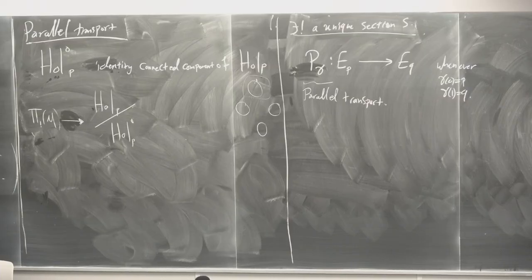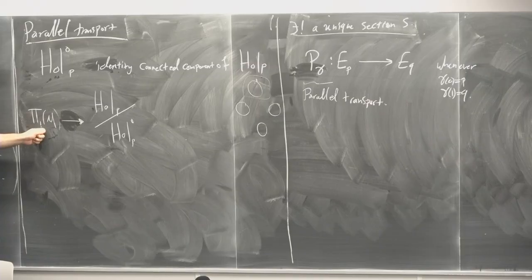But even if it's connected, there are paths that can't be shrunk into each other because of the fundamental group. Oh, because of the holes. Yeah. And that actually leads to different components of Hol P, because there are no smooth paths between those paths. So that's another reason why you get disconnected components.